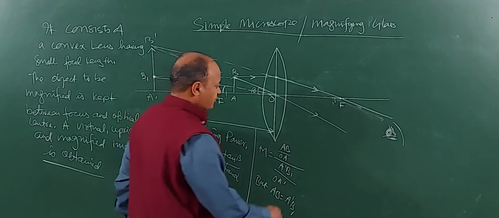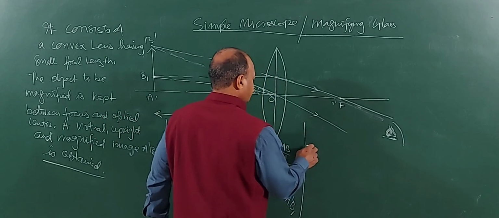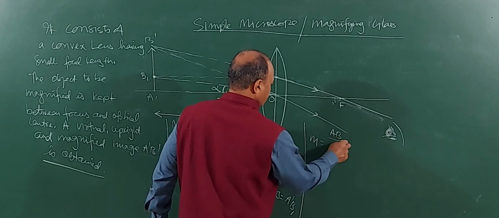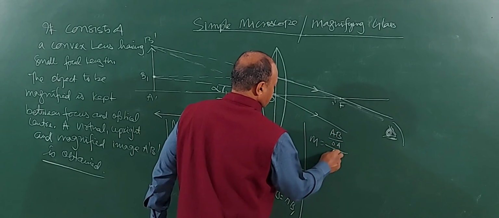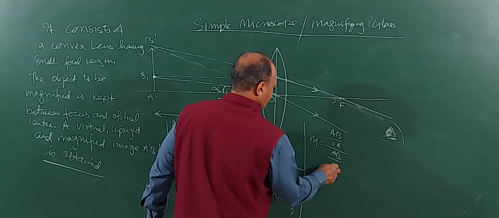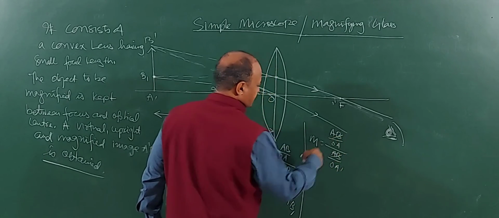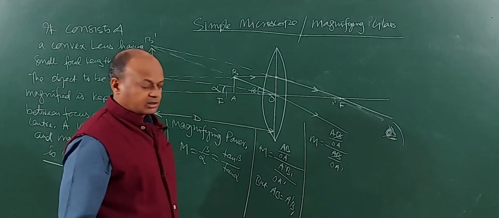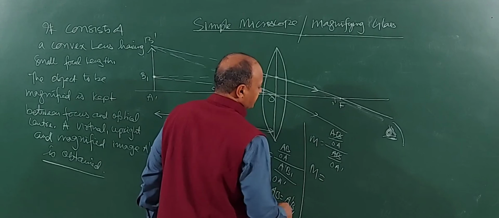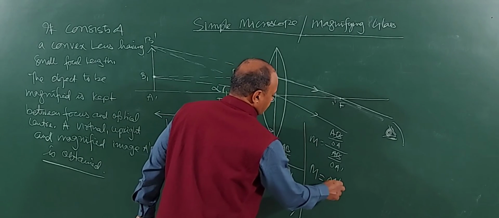So I can write M is equal to AB by OA, AB by OA dash. So these two are cancelling out. Then M becomes OA dash by OA.